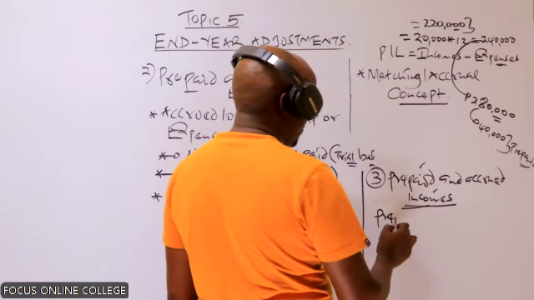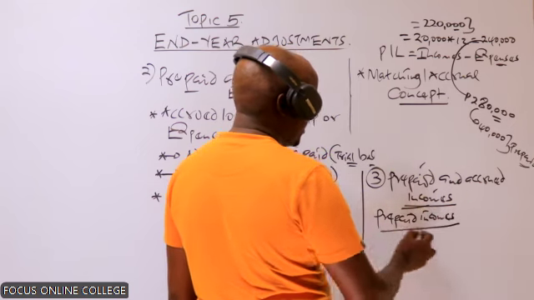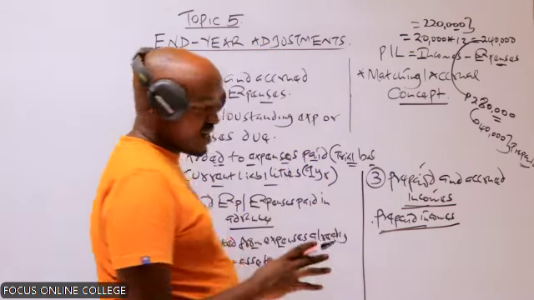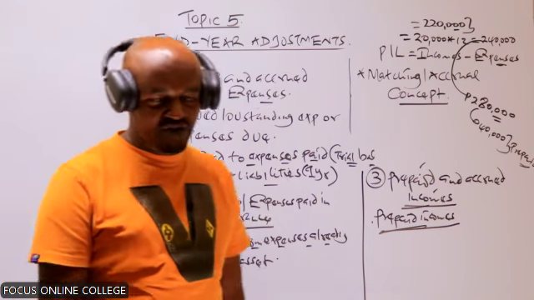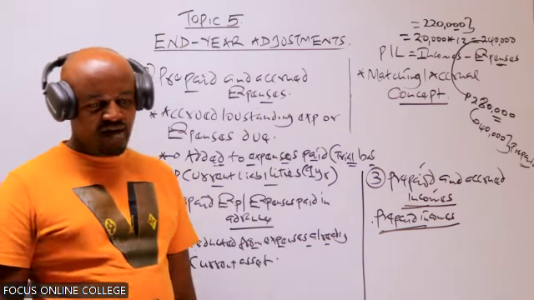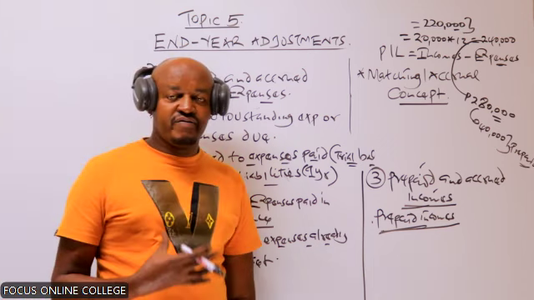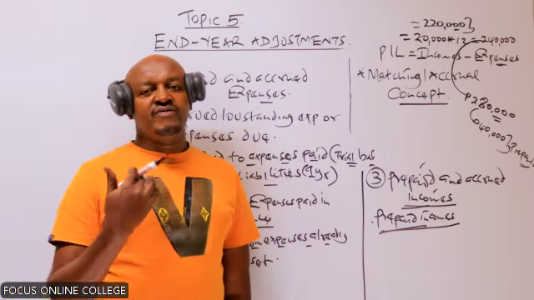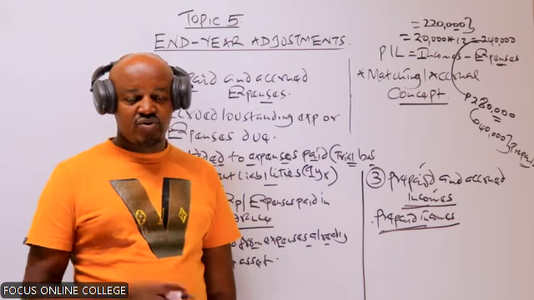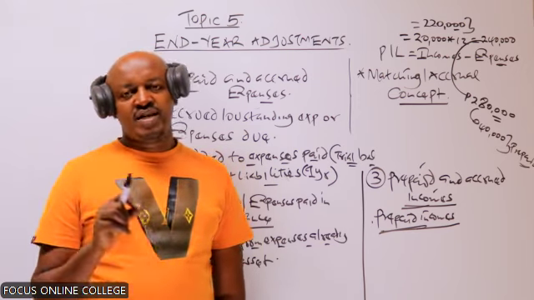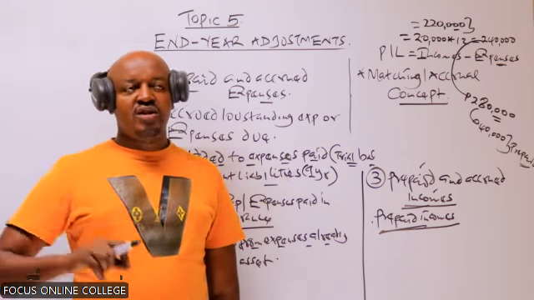Remember, an income is money you receive from your customers as a result of the services you provide to them, or as a result of the goods you sell to them. So a prepaid income is an income you have received from your customer in advance, before you provide the necessary services, before you supply the necessary goods. So this is money your customer can come back and claim to be refunded. You have not supplied the goods, you have not done what?